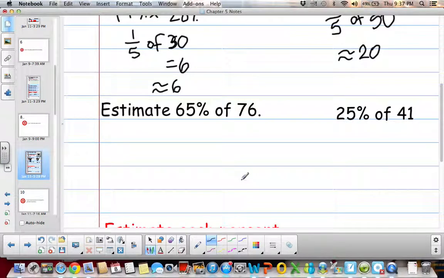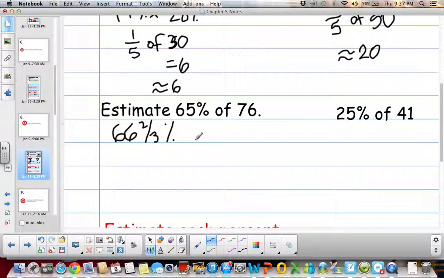Next, 65% of 76. So if we look at our table and we look for a percent that is really close to 65%, we can see that 66 and 2/3% is on there.